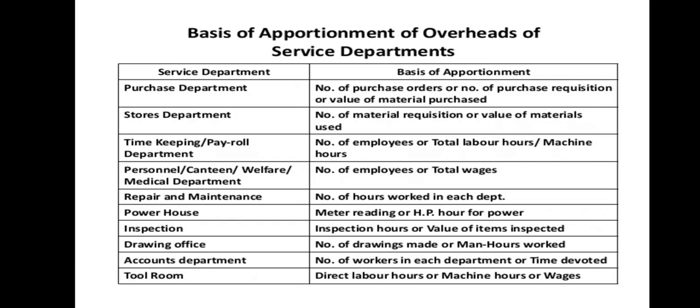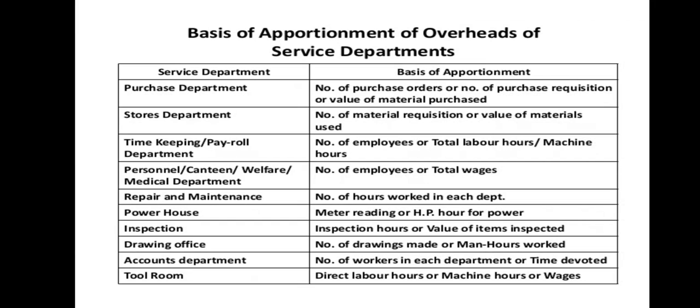Next, repair and maintenance: number of hours worked in each department. If any maintenance of a vehicle or machinery or plant or any other things are there, we need to apportion those overheads on the basis of number of hours worked in each department.